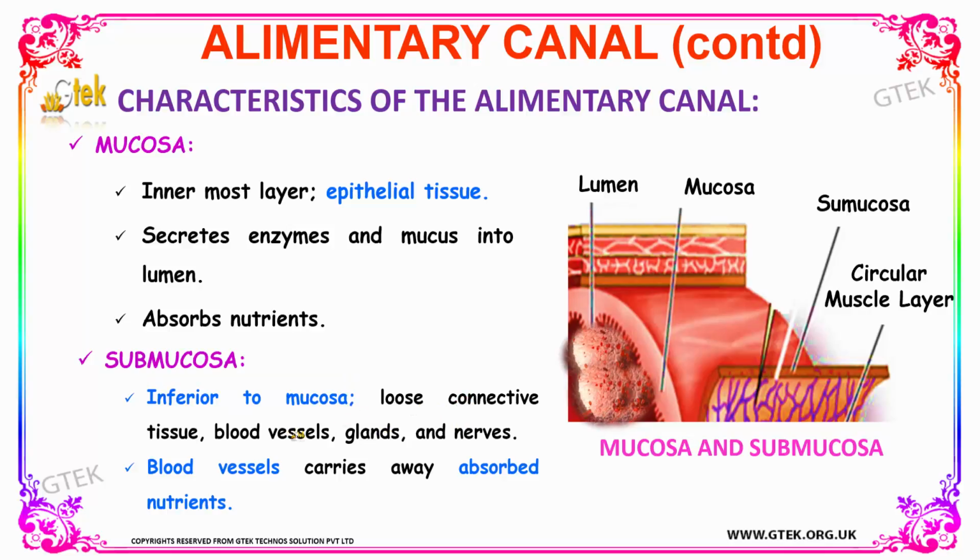It has loose connective tissues, blood vessels, glands and nerves. The blood vessels carry the absorbed nutrients away into the body for the growth of the muscles of other parts of the body. So this is how the nutrients from the food that we consume are transmitted to the other parts of the body.